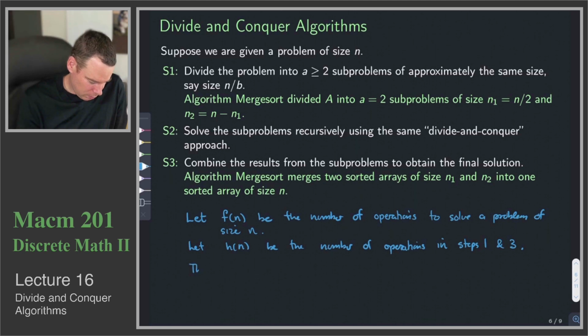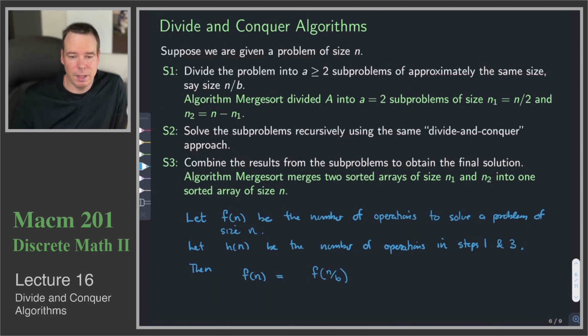Well, let's say F(n) is the number of operations to solve the problem of size n. We've just split it up into a subproblems, and each of them is of size n over b. So how many operations does it take to solve a subproblem of size n over b?